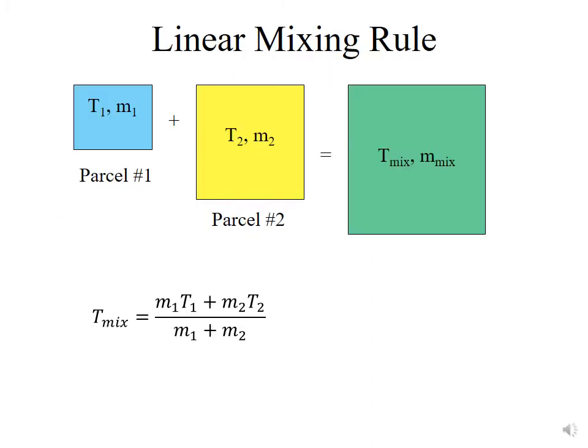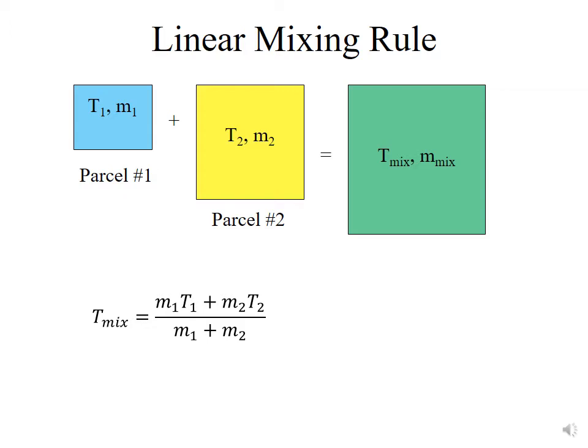The linear mixing rule basically is trying to describe what the product of a mixture of two air parcels will be. So in this example, we have parcel 1, which happens to be smaller than parcel 2. And we add those two parcels together, we thoroughly mix them, and we come up with a larger air parcel that has the thermodynamic properties that are a weighted average of the thermodynamic properties of the individual parcels that made up the mixture.